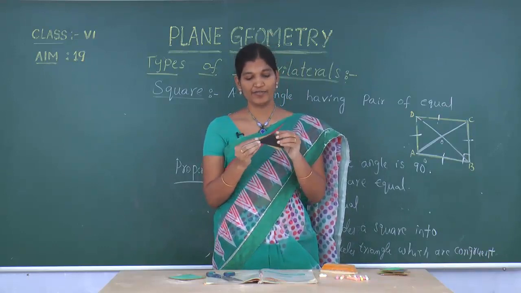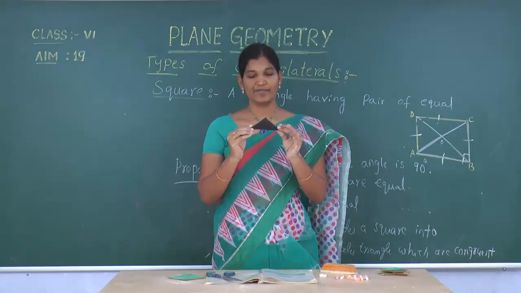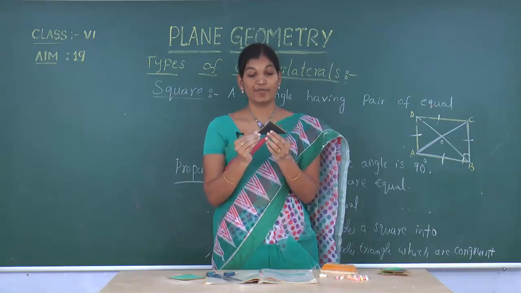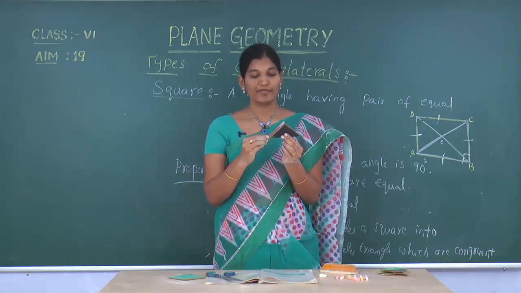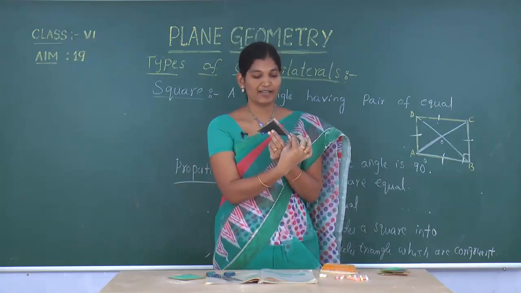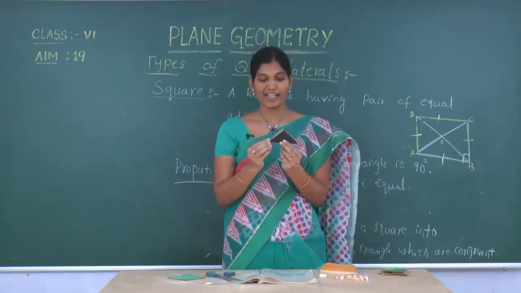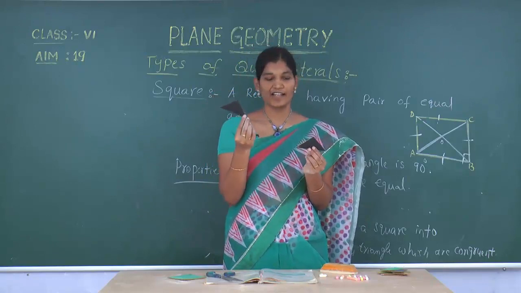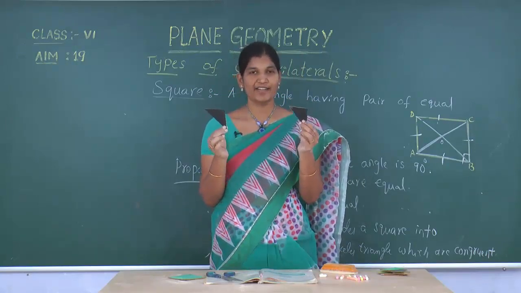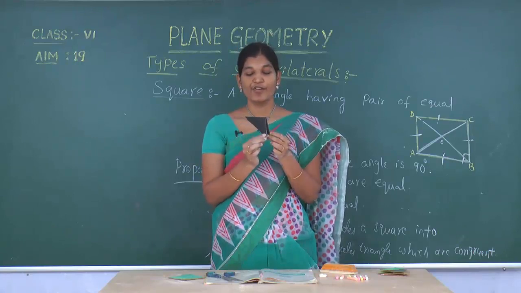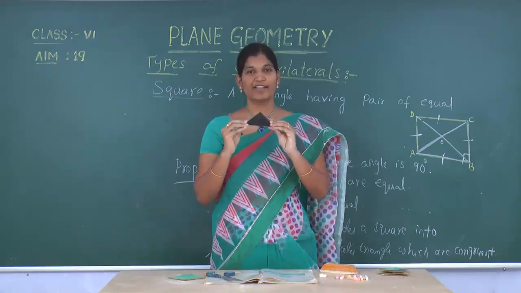Now I am showing you, see, they are congruent, and moreover the lengths of the two sides are equal. That's why I can say this is an isosceles triangle and this one is also an isosceles triangle. So in a rhombus each diagonal divides the rhombus into two congruent isosceles triangles.